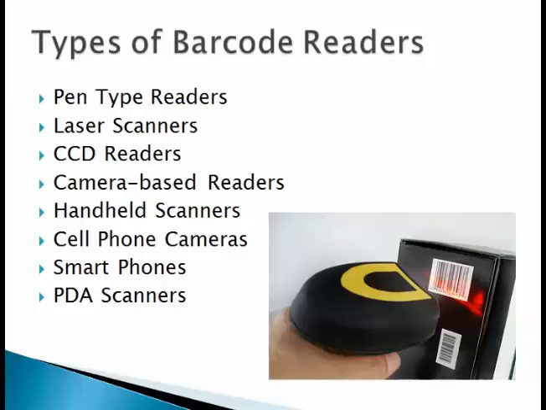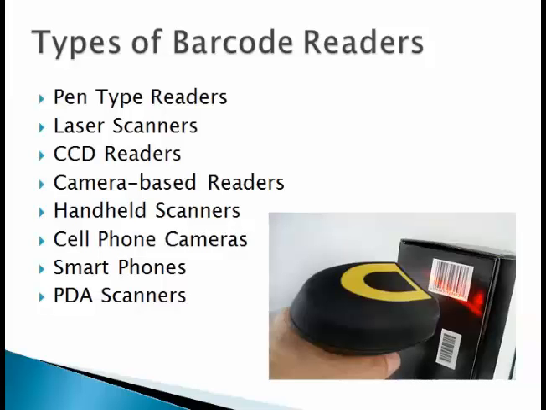And lastly, I'd like to talk about types of barcode readers. Barcode readers come in many different types of forms. There's a pen type reader, which is very handy. I've seen it used to scan forms. There's laser scanners, CCD readers. There's camera-based readers. Often you'll see handheld scanners.